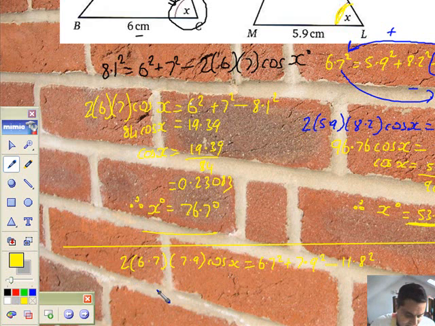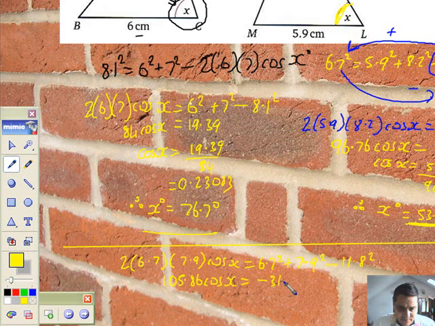2 times 6.7 times 7.9 equals, so I now have 105.86 times the cosine of our angle equals whatever this little bit is. So 6.7 squared plus 7.9 squared, subtract the 11.8 squared. Hopefully I pressed all the right buttons, and I've ended up with a negative value. So that's allowed, I'm not scared of that.